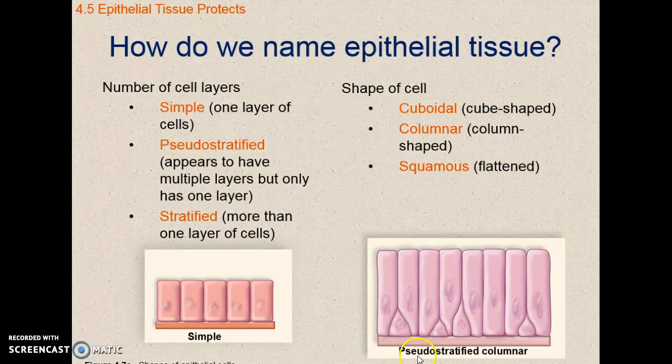Here you have the pseudostratified, which again is one layer, but it appears to have two layers because this cell is sitting on top of this one. But when you look at it in terms of the basement membrane, where these actually come into contact with that flat surface underneath the cells, it's still just one layer.